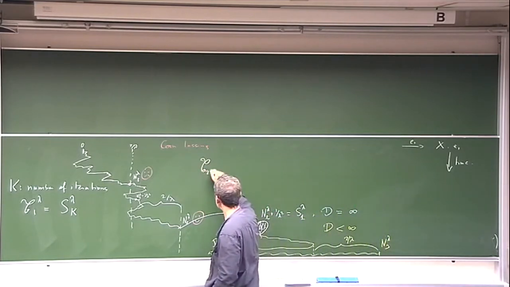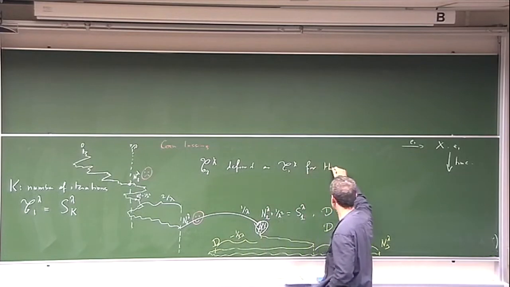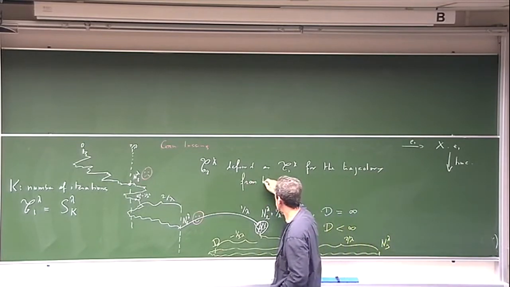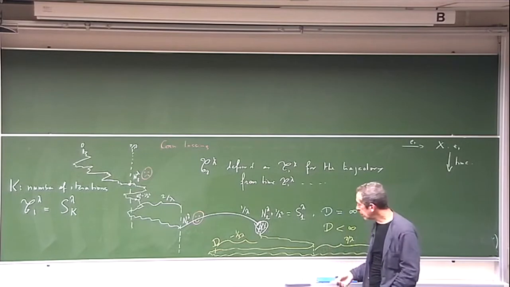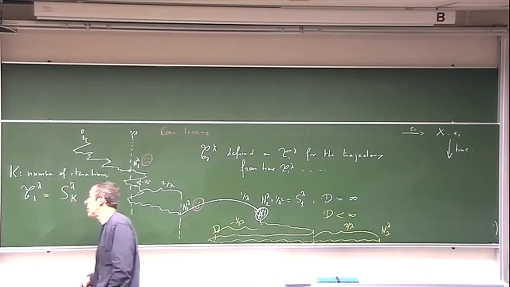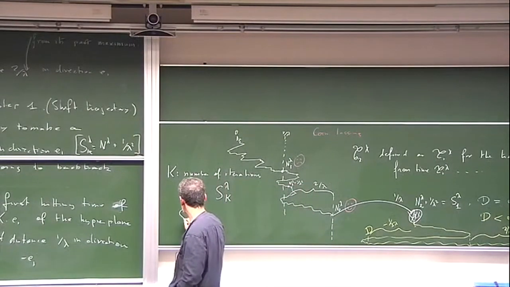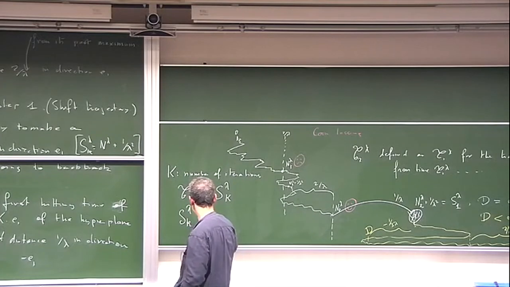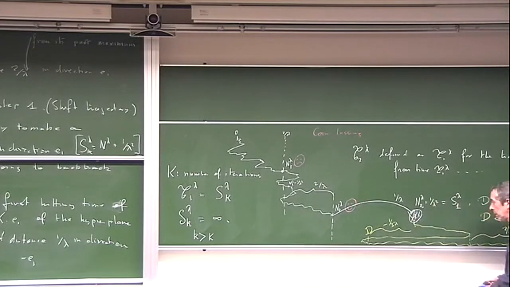So tau 2 lambda is defined as tau 1 lambda for the trajectory from time tau 1 lambda, etc. I mean, tau 3 lambda is the same, etc. So with my definition, the algorithm will stop after K iterations, and then I think I may need to look at the times S lambda k where k is larger than K, and then these are defined to be infinite, just for the sake of defining things.